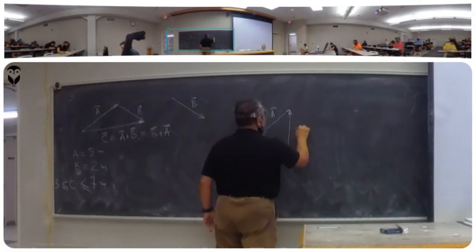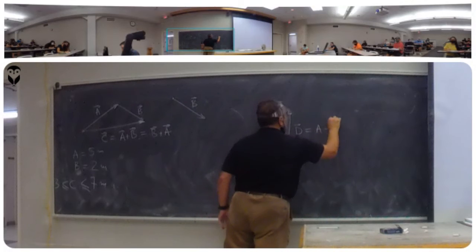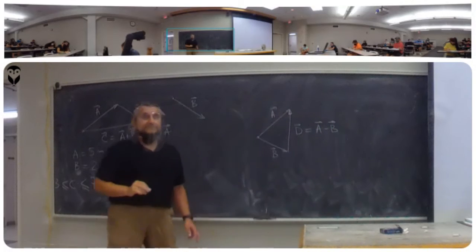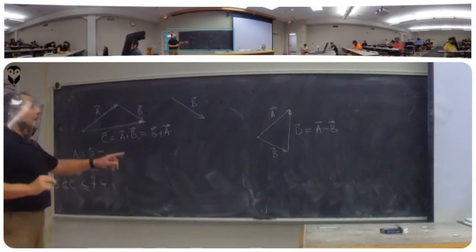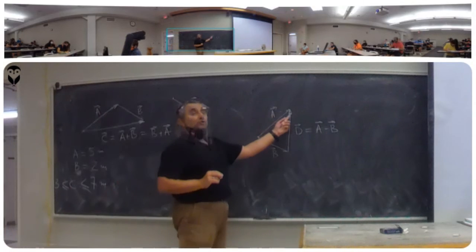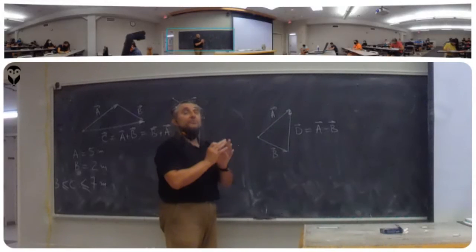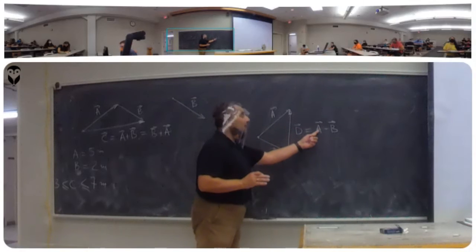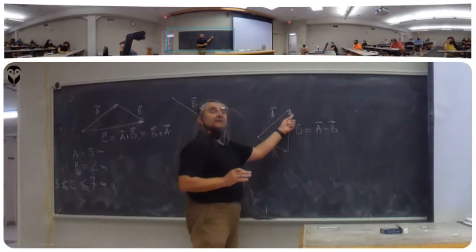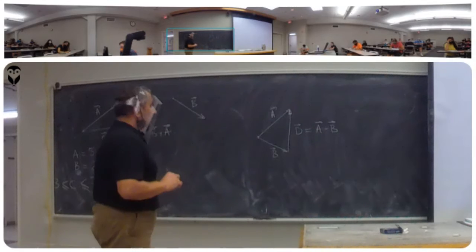So this is the vector equal to A minus B. The direction of the difference should be in the direction of the vector from which you subtract. You subtract from A, so the direction has to be the way it is here on the board.